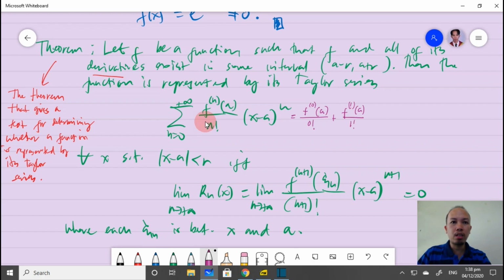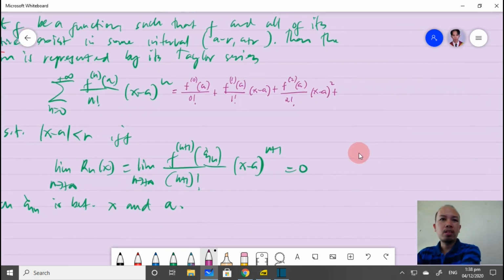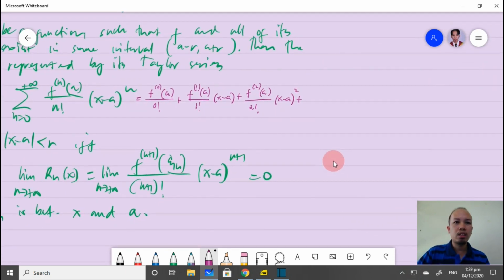We know that when you raise this to the power of 0 it is 1. So this is (x minus a) to the power of 1, plus the second derivative evaluated at a over 2 factorial times (x minus a) to the power of 2, and so on, up to the nth derivative evaluated at a over n factorial times (x minus a) to the n.